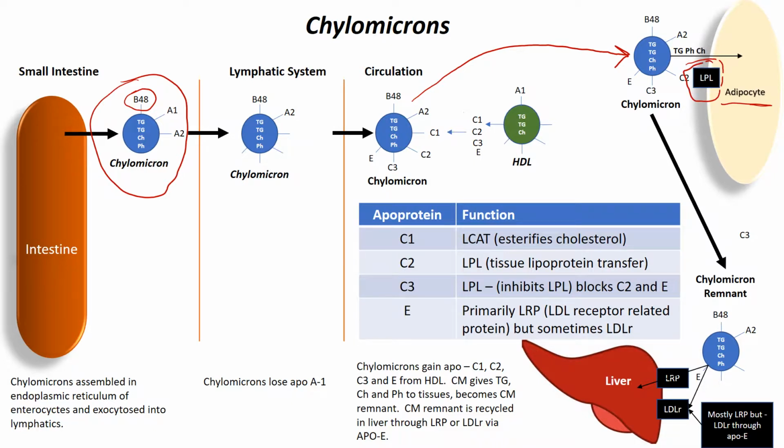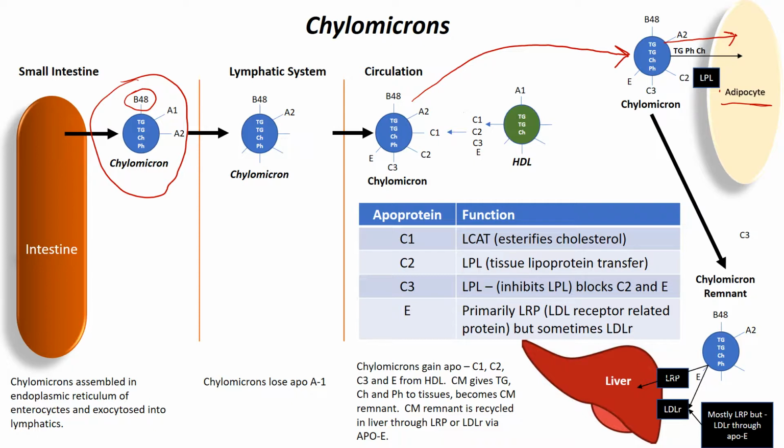That lipoprotein lipase interacts with the ApoC2 on the chylomicron, and it triggers the transfer of lipids from the chylomicron to the tissue. That's what lipoprotein lipase does. It's a lipase. It breaks down those lipids and it transfers them into the adipocyte.